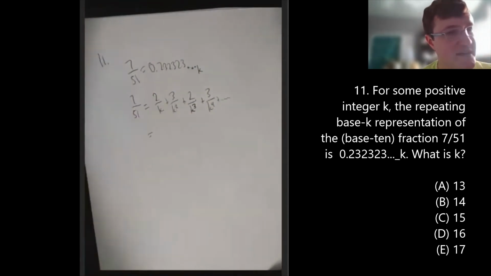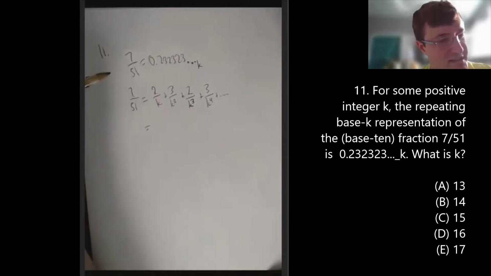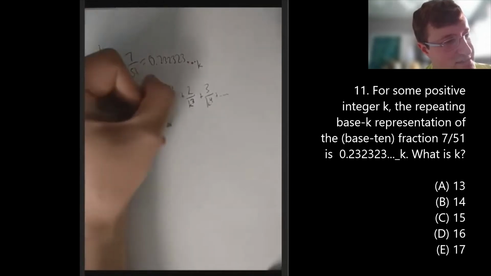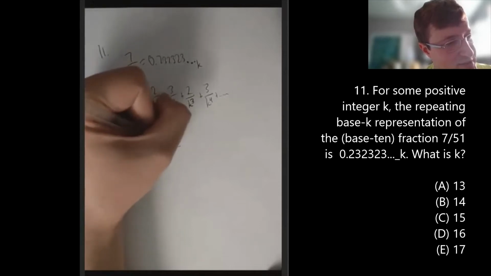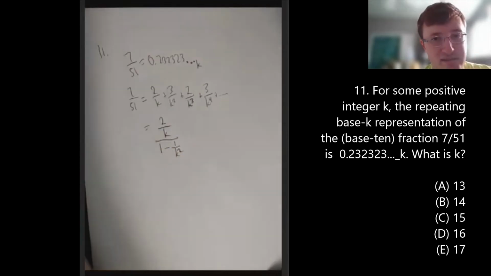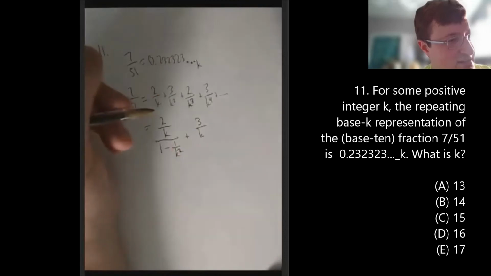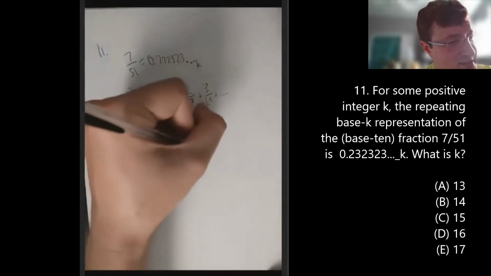Every other term forms a geometric sequence. So 2 over k plus 2 over k cubed, and so on, is a geometric series with first term 2 over k and common ratio 1 over k squared. So we get 2 over k over 1 minus 1 over k squared, plus 3 over k squared over 1 minus 1 over k squared.